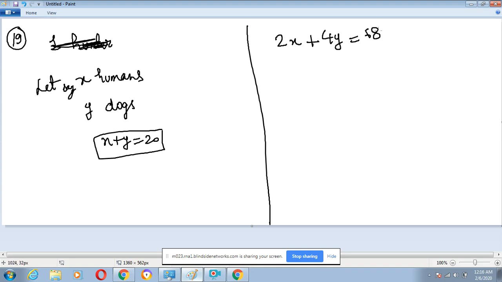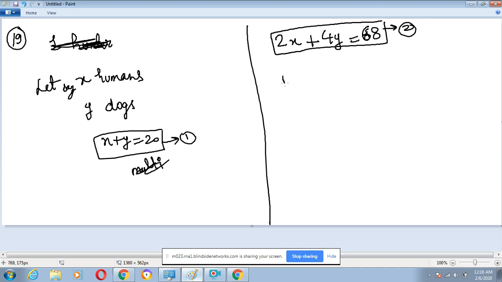Total there are 68 legs. Correct? So if I multiply equation 1, multiply equation 1.